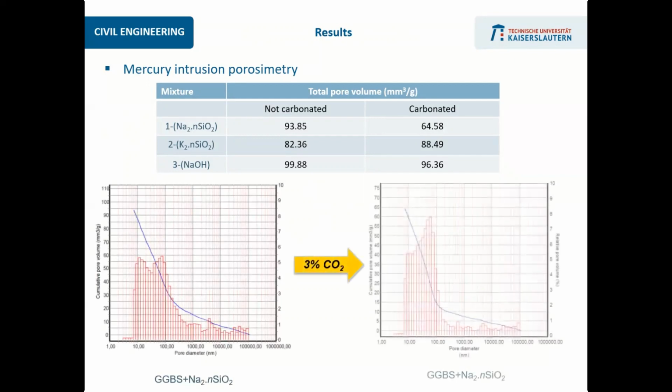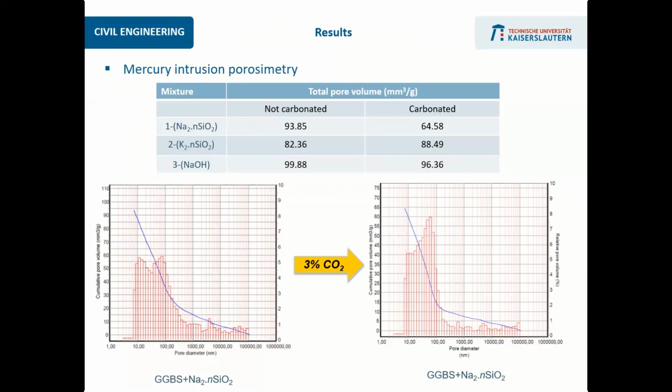In these graphs, we can observe the pore diameter distribution in the mixtures before and after carbonation. As you can see in the left diagram, the non-carbonated specimen was tested, which included GGBS activated by sodium silicate.